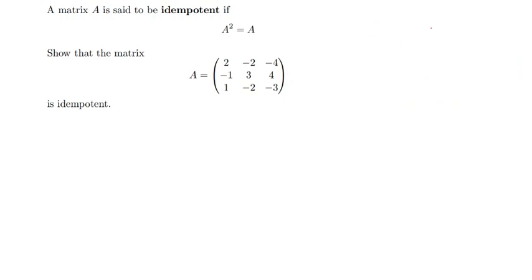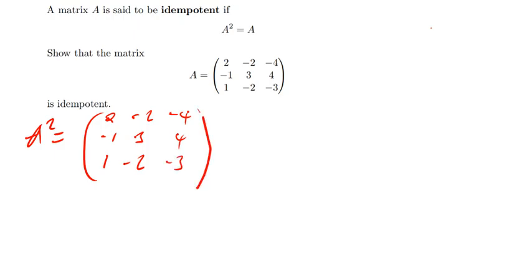So A squared is the matrix with rows 2, negative 2, negative 4; negative 1, 3, 4; 1, negative 2, negative 3. So we are multiplying this by itself. I think the best way is to put it on top there.